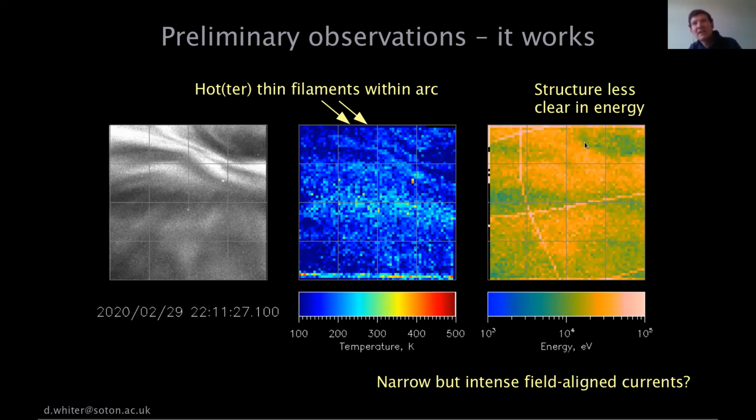And if we look at the energy, there's not much structure in the energy. So this whole region is probably coming from the same altitude, and this is probably actually hotter temperatures in some narrow filaments. That might be intense field line currents in these filaments, but this is just preliminary observations, and I need to look at this in more detail before I fully understand what's going on in there. But that could be intense heating associated with field line currents.